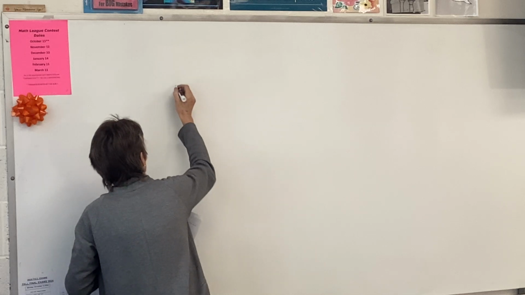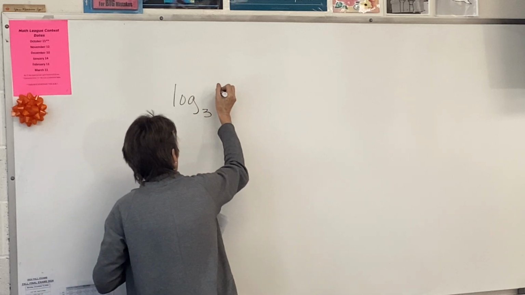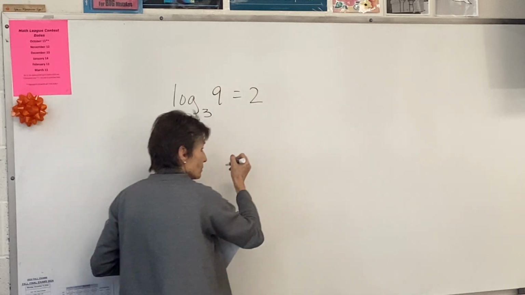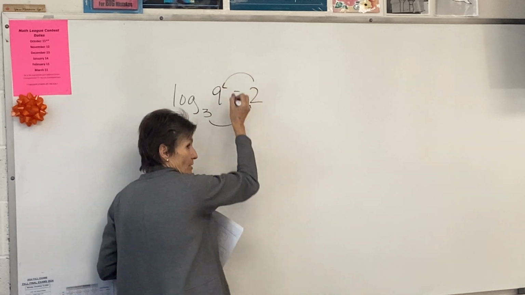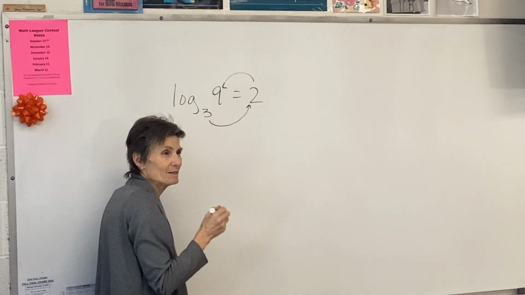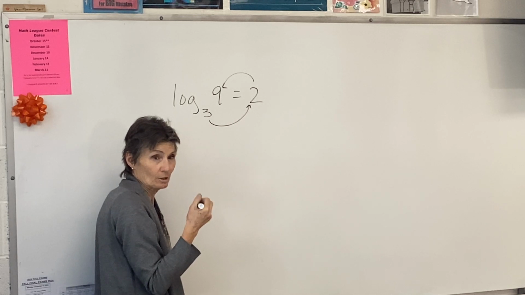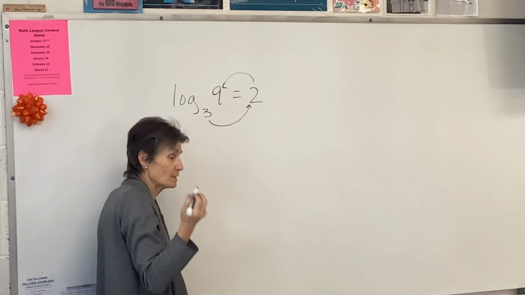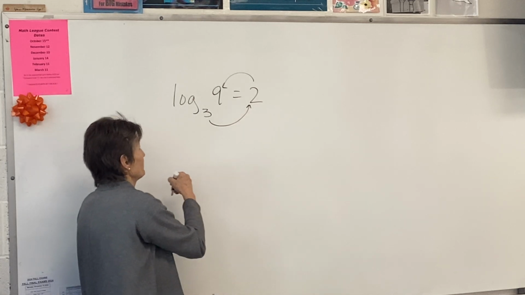Now, let's link this back to last year. When you had a problem that said the log base 3 of 9 is 2, did you talk about loop-de-looing last year? I can't remember what vocabulary Mrs. Coors used. Log rolling, loop-de-loo? Well, I'm going to say loop-de-loo.